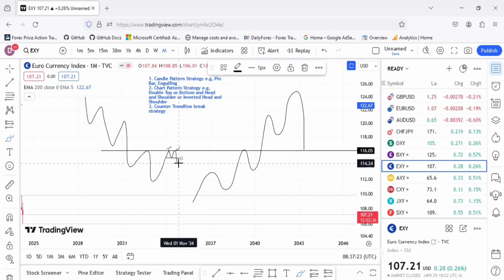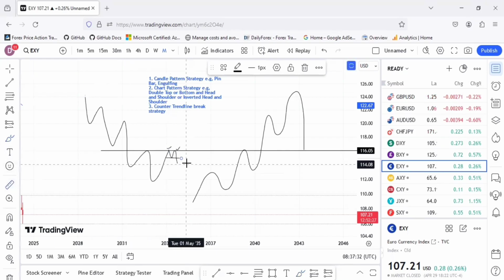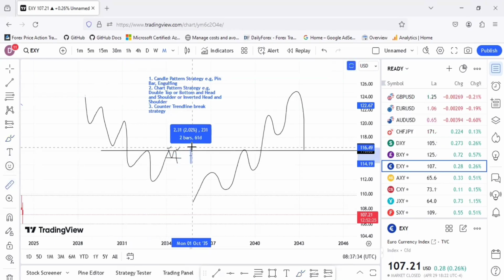If you jump in immediately, that means you are having a larger risk. From here to here might give you something like, let's say, 236 points or 2.36 pips.